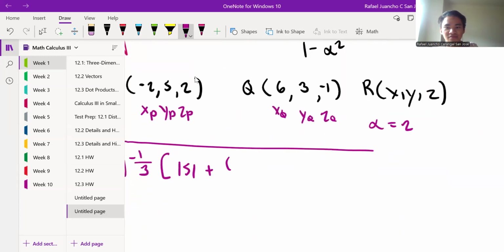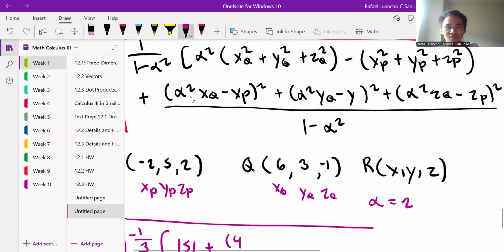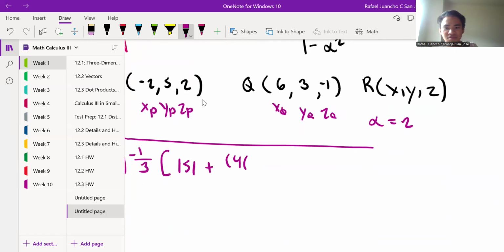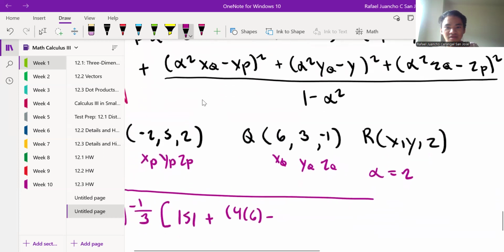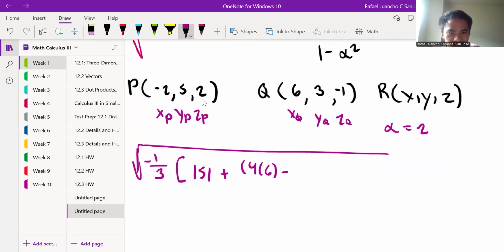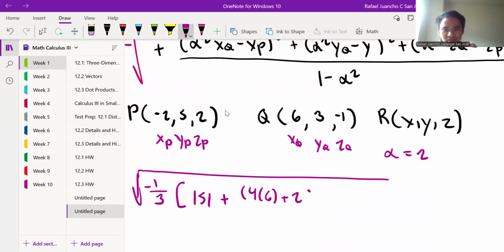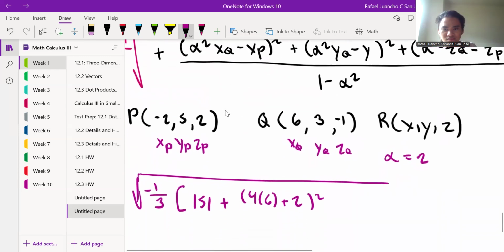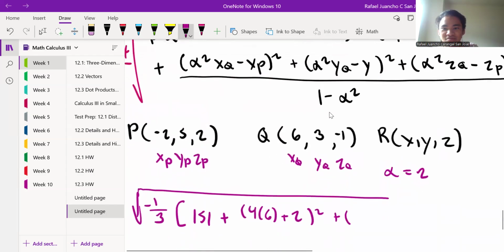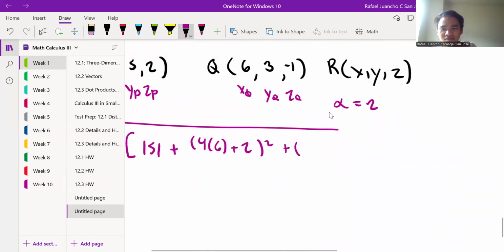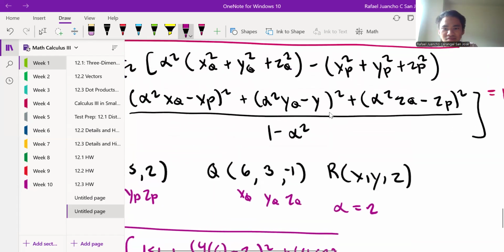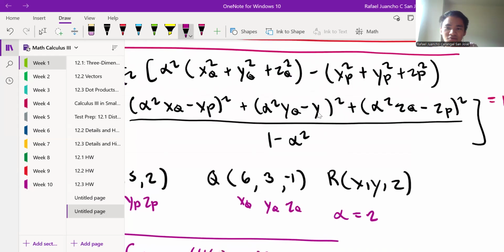Now we have alpha squared, so 4 times xq, so 4 times 6 minus xp, so minus negative 2, it's plus 2. And we square that thing. Then we go for the yq: 4 times 3 minus yp. I forgot the p.